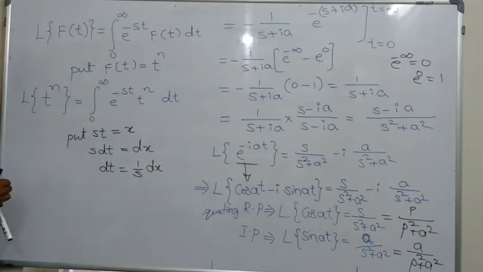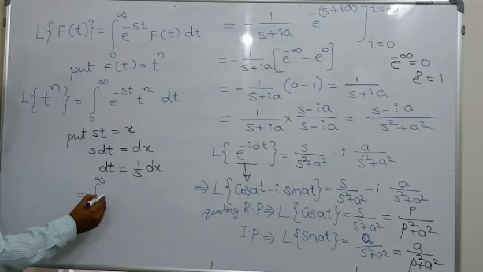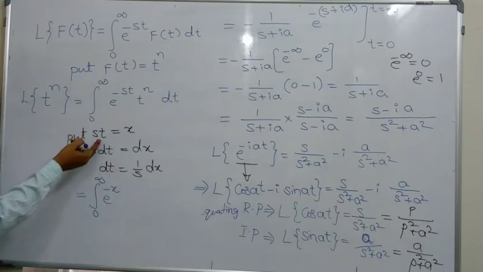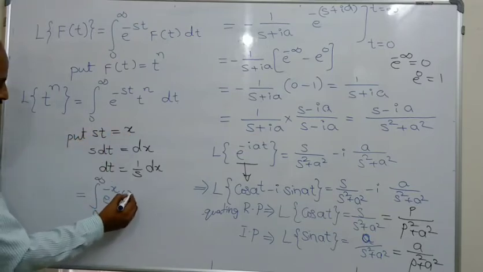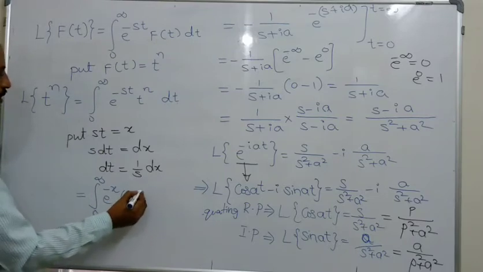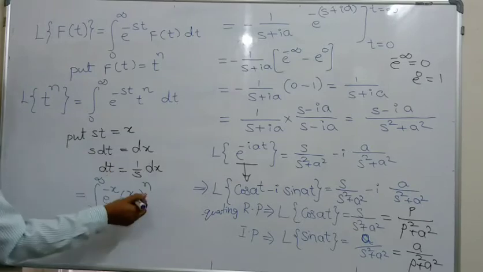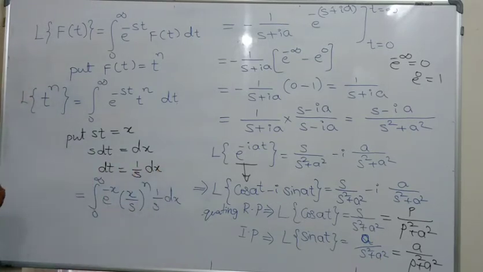By using this substitution, the above integral takes the form integral 0 to infinity e power minus x, where t is equal to x by s, so x by s whole power n, dx. What is dt? 1 by s into dx.